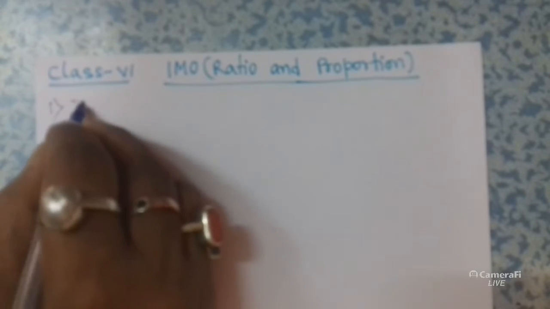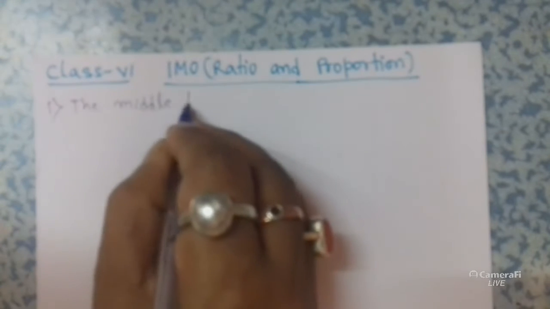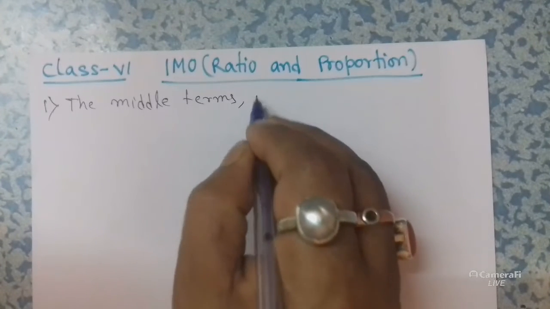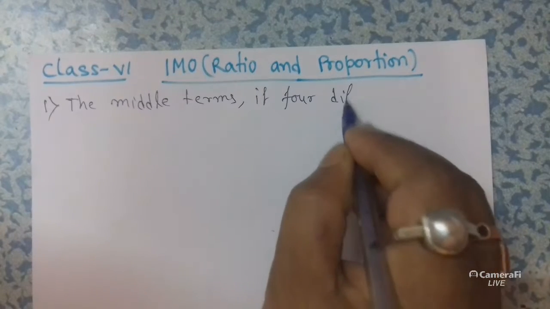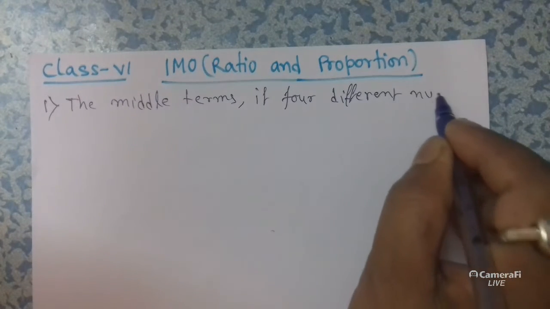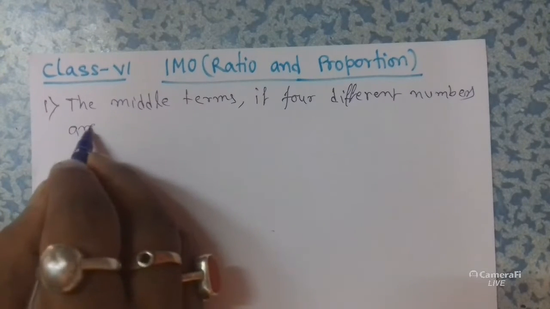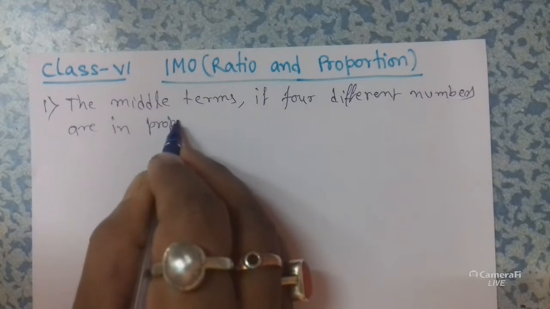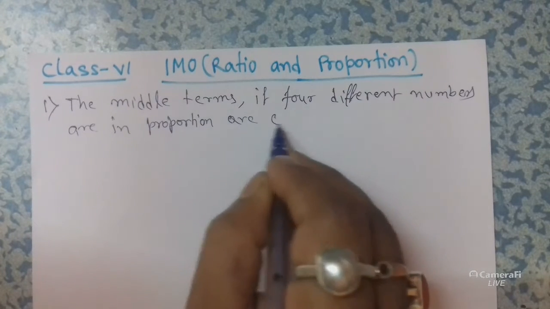The middle terms, if four different numbers are in proportion, are called.